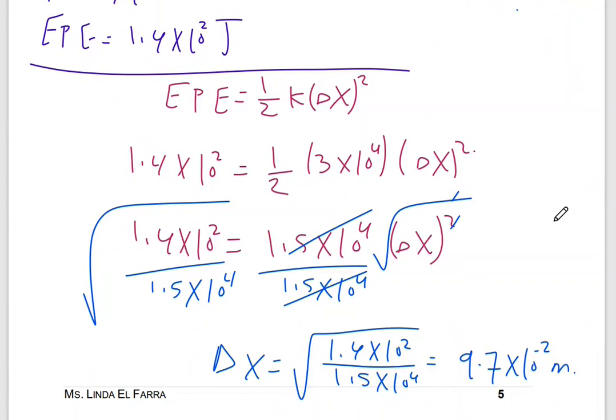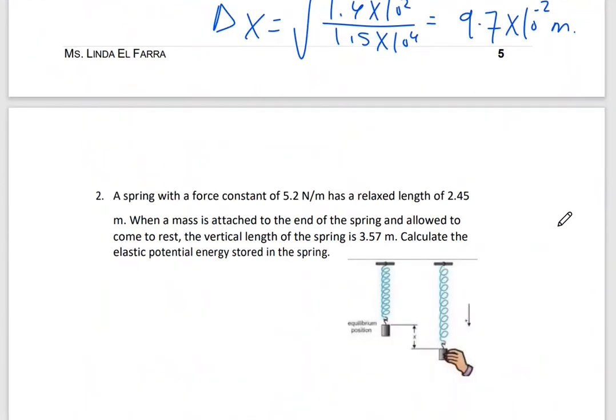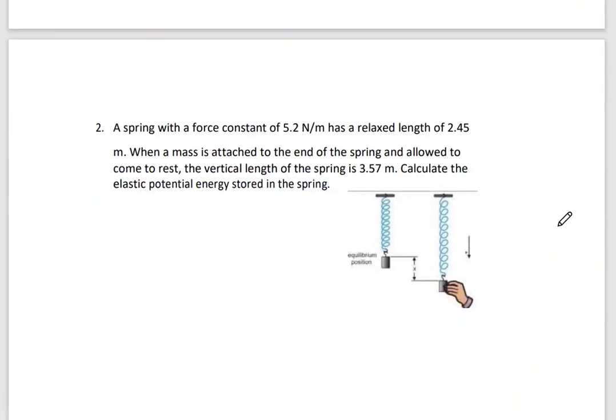Okay, we'll solve more questions on elastic potential energy. Here we have a spring with a spring force. Spring force is the same as spring constant. Always look at the unit. Newton per meter is a unit for spring constant or spring force. So this one is 5.2 Newton per meter.